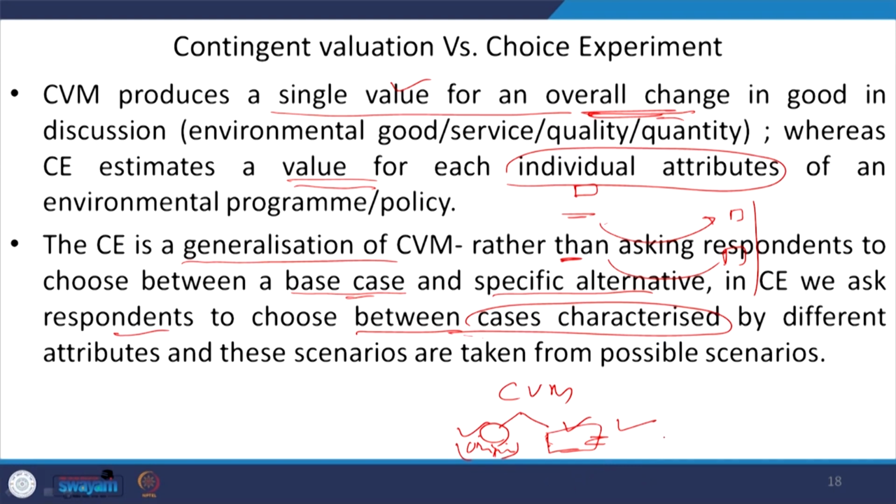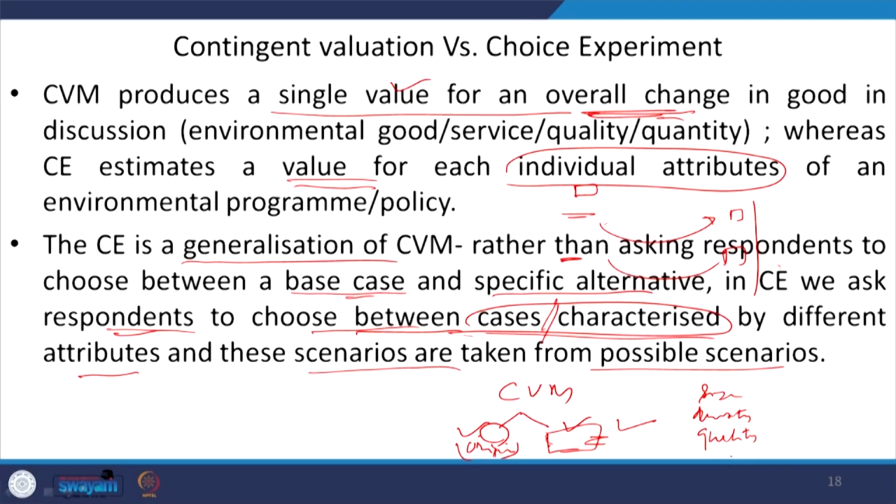But in case of choice experiment, we are asking the respondents to choose between different cases, based on different characteristics or attributes, and then we are creating a set of scenarios taken from all possible scenarios. Let us say we are taking into account attributes like size, density, and the quality of that particular environmental good or service.